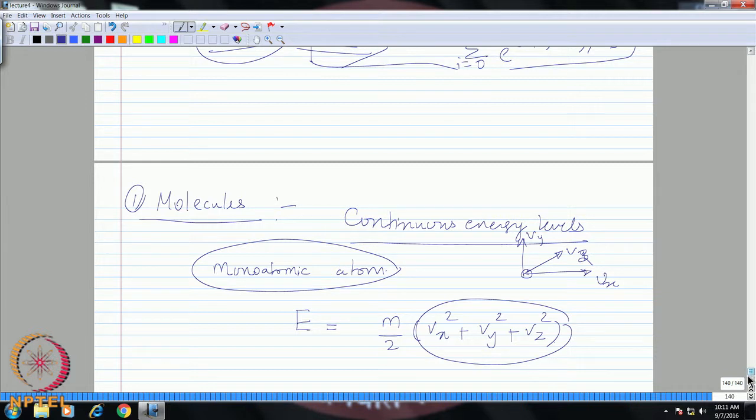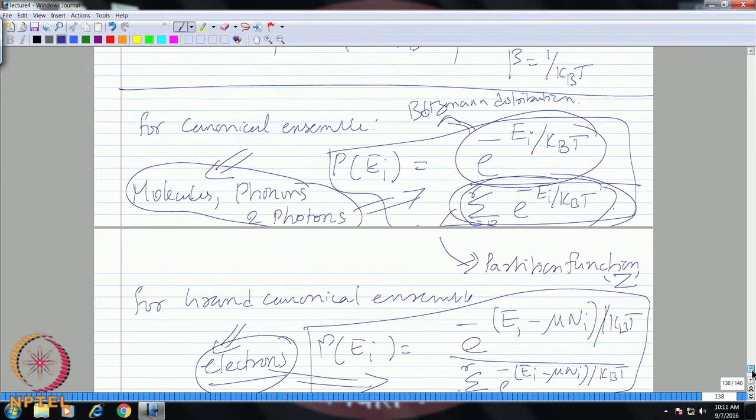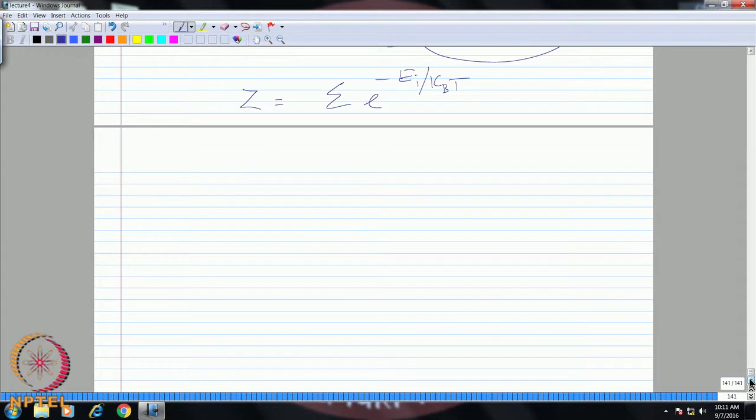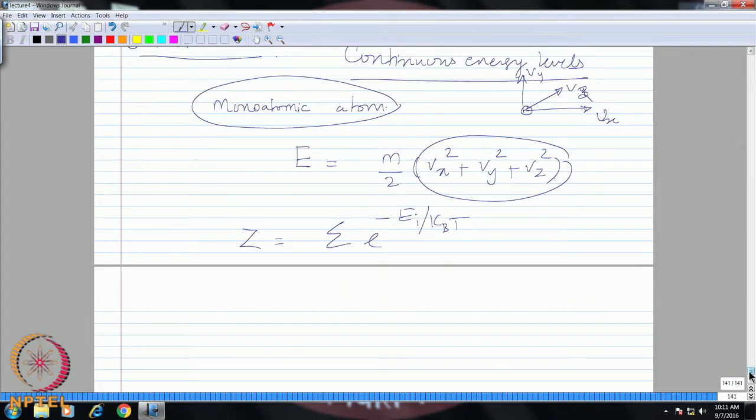So, now we will substitute into the definition of partition function. Okay. Now, we know which distribution to pick. We look at molecules, therefore, they belong to the canonical ensemble. So, we can calculate the partition function accordingly. Your Z will now be the summation of e power minus Ei by kB T. Now, for a continuous function, we will use the integral instead of the discrete summation here, right.